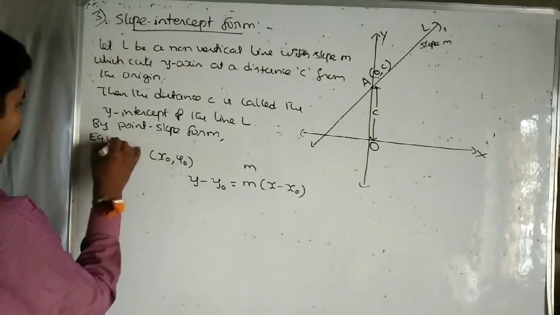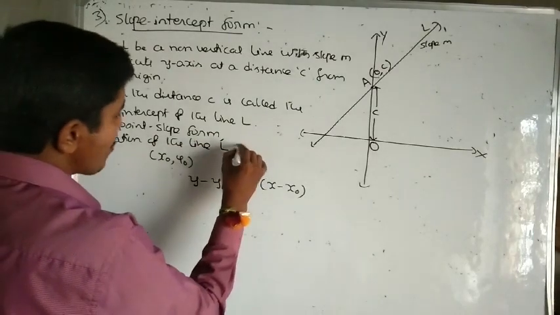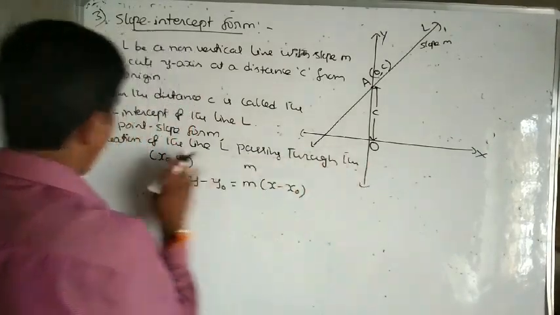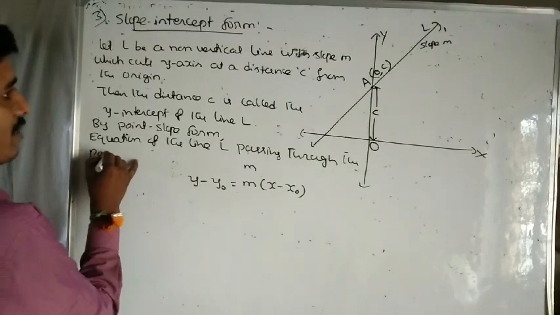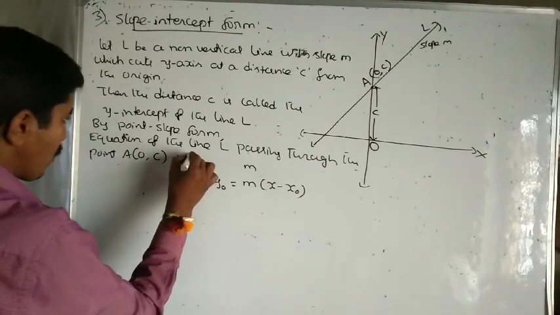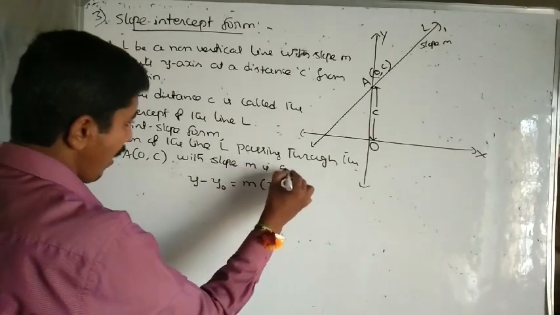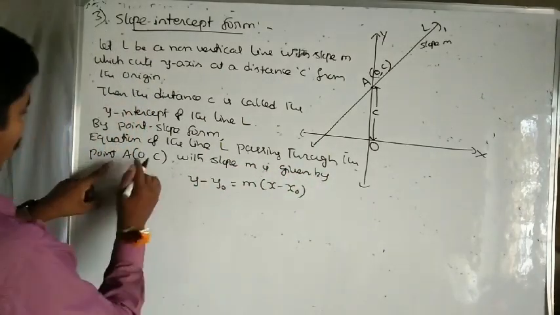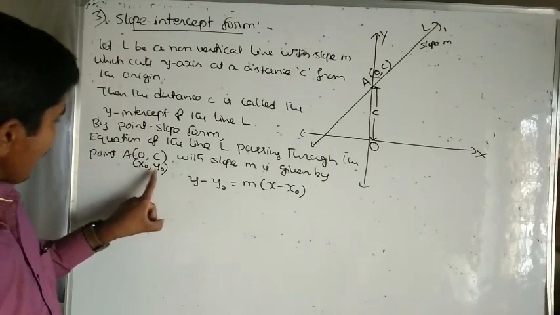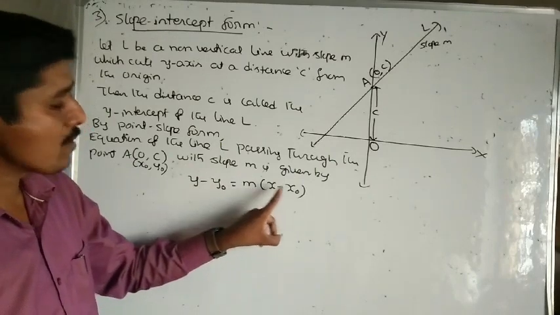The equation of the line L passing through the point A (0, c) with slope m is given by y minus y0 equal to m into x minus x0.